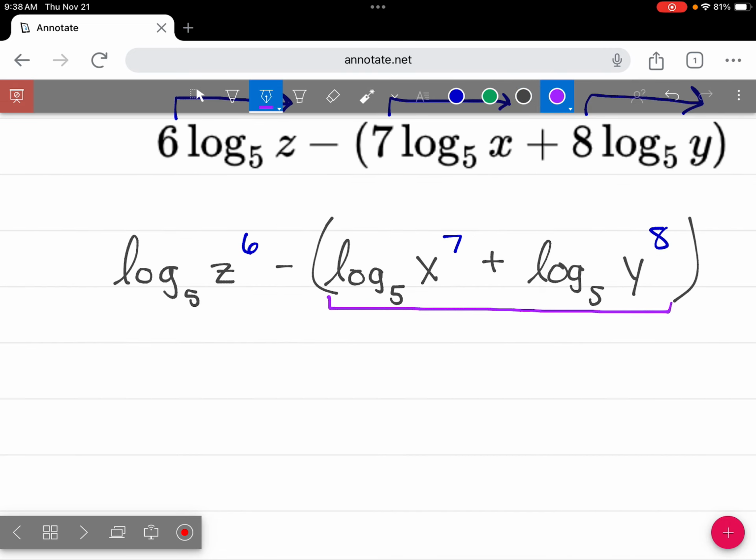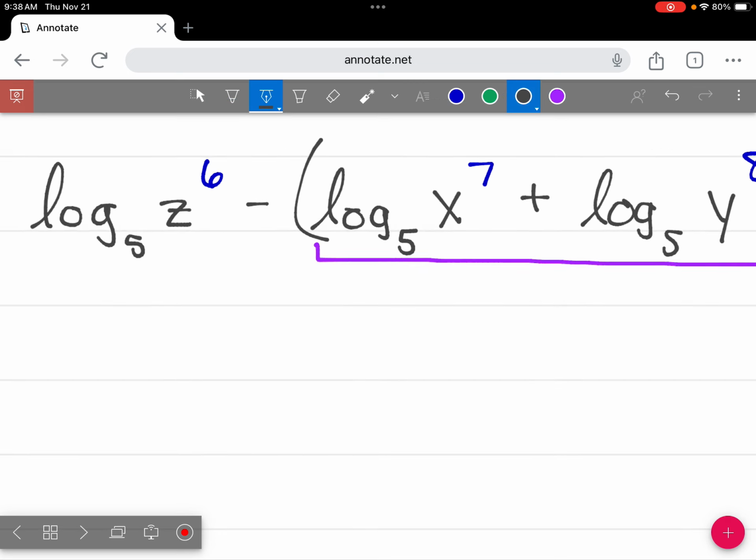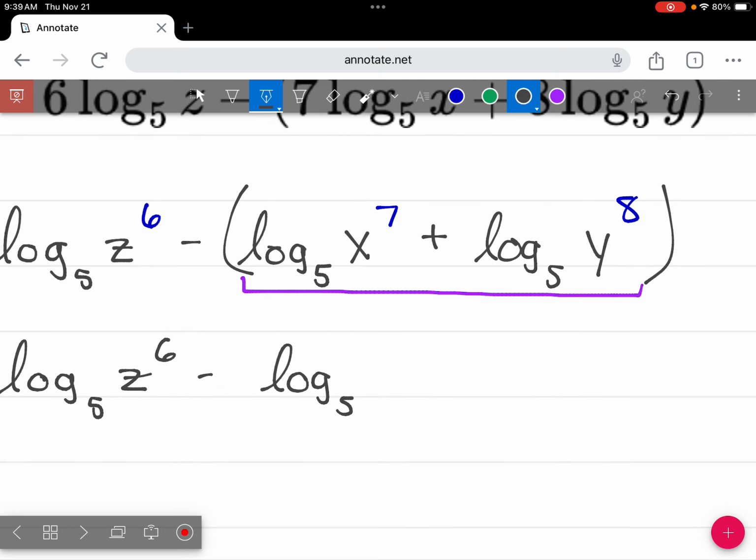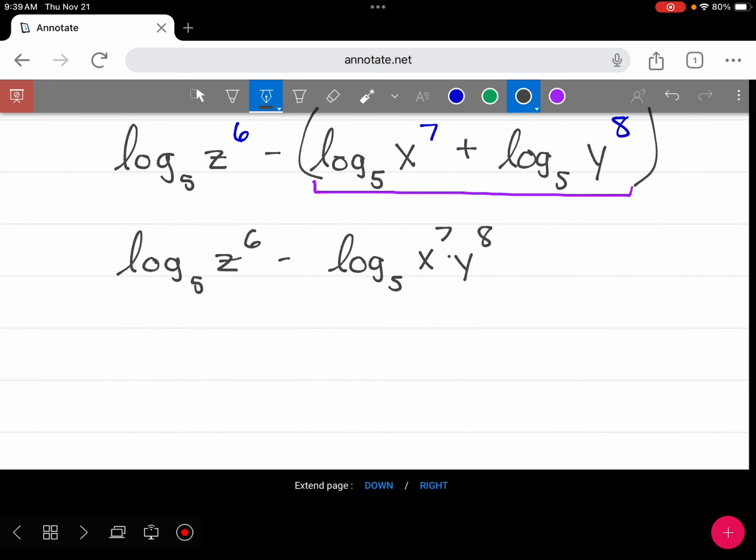So I'm going to do my product property here. So this is going to be our log base 5 of z to the 6th minus our log base 5. And we're doing the product of these two pieces, x to the 7th times y to the 8th. Then we do our quotient property.